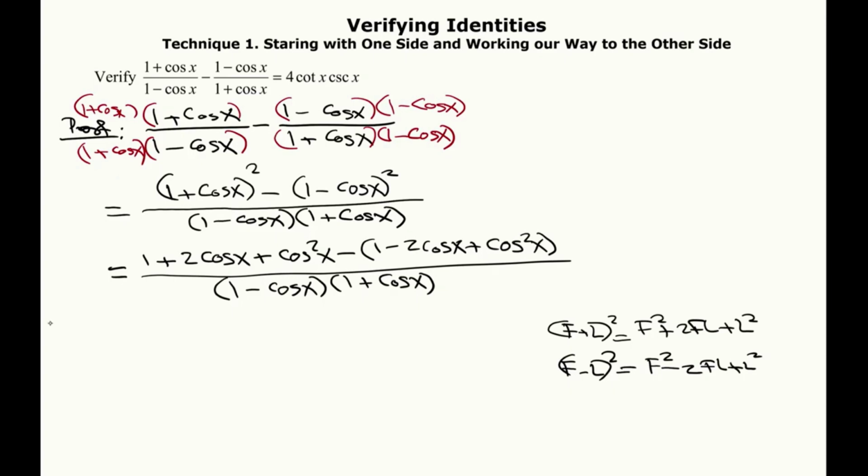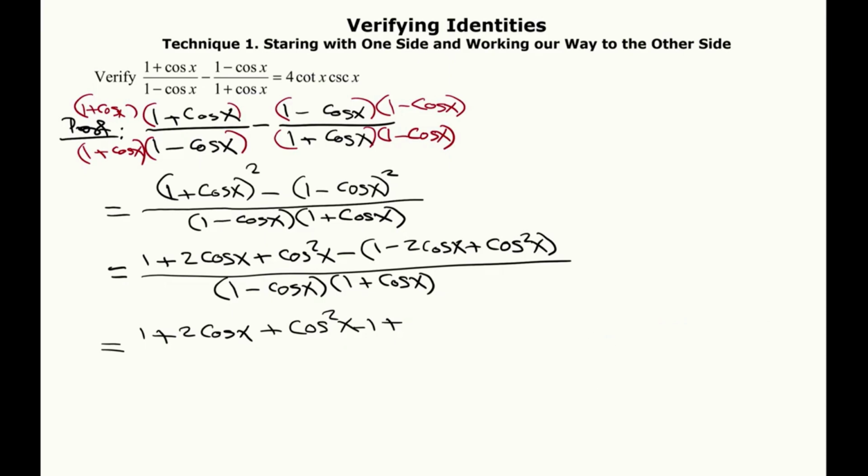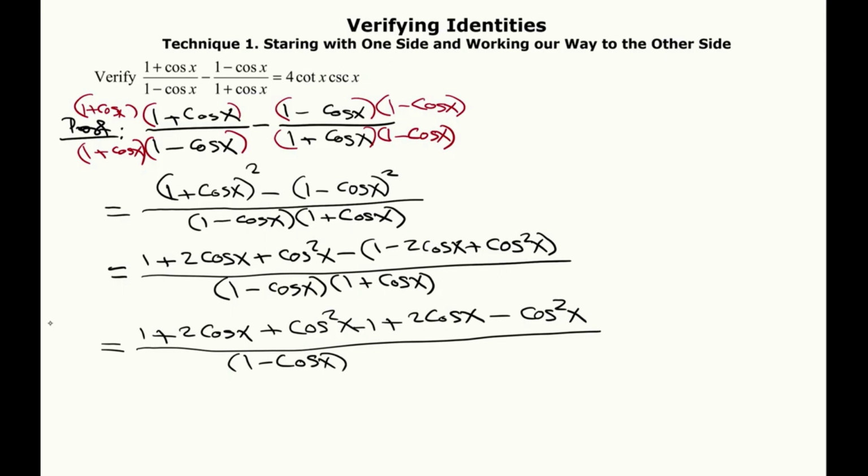And we're going to clean up on the top now. So we have 1 plus 2 cosine x plus cosine squared x minus 1 plus, let me go ahead and erase this now that we're done with it, and we get plus 2 cosine x minus cosine squared x all over the same denominator, 1 minus cosine x times 1 plus cosine x.